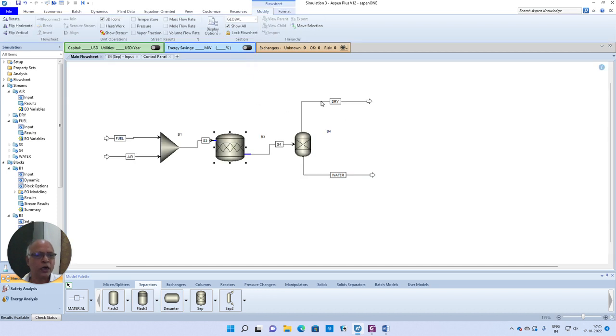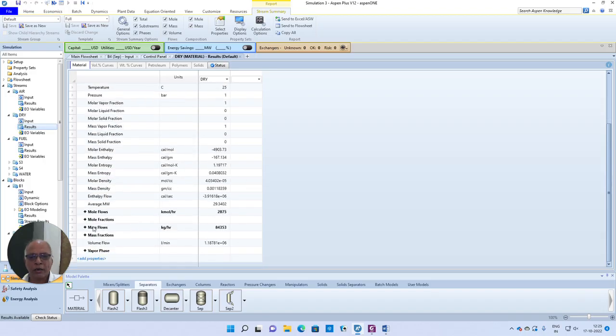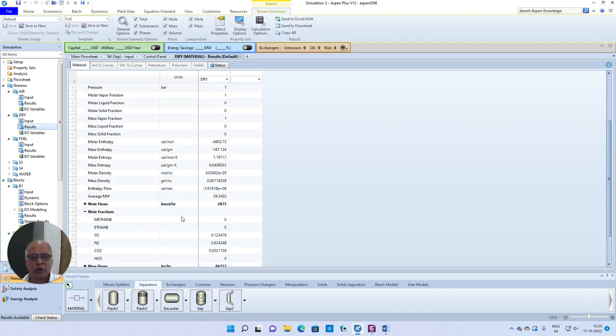Now let me see the composition of the dry flue gas. So we have got the composition of carbon dioxide as 0.05, or 5.2%, based on the assumed flow rate of air. But we need to get this at 9% on a dry basis.